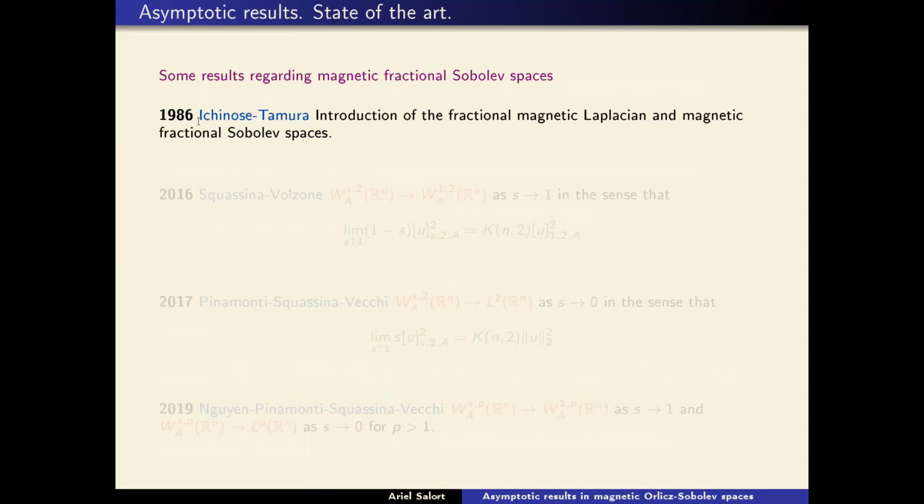As I mentioned, in 1986, Ichinose and Tamura introduced these magnetic fractional spaces. Then in 2016, Squassina and Volzone studied the behavior of these spaces when s goes to 1. They proved the convergence of the spaces in a similar sense to what I mentioned before for the fractional spaces.